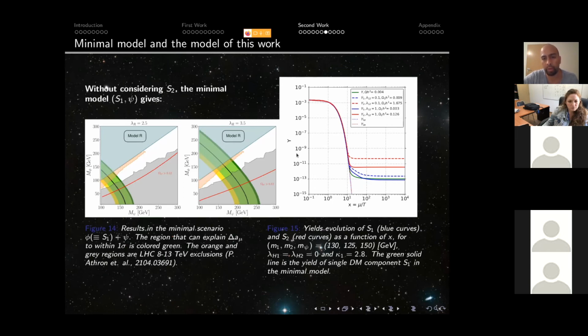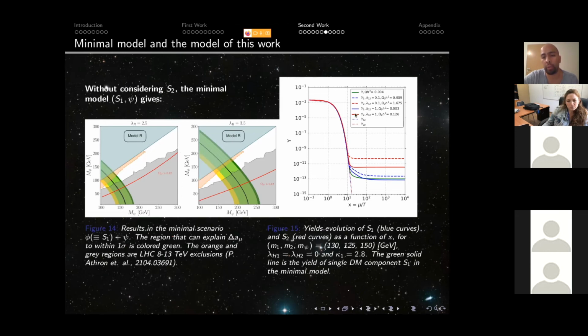In other words, in the right plot we show the yield of the dark matter as a function of the inverse of the temperature, and the green continuous line is the prediction of the minimal model, for a parameter space point which gives you the correct value for G-2. But as you can see, above it gives you an underabundant value for the relic density.